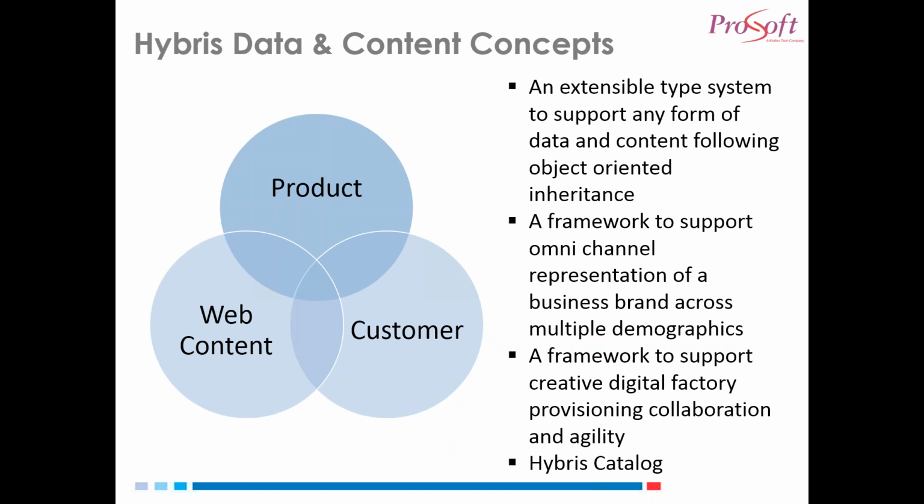When we are in discussion with the business-focused stakeholders, for them it's all about product, product catalog. It's about categories. It's about pricing. It's about how to have a uniform view across their global catalog if they are operating in different demographics.